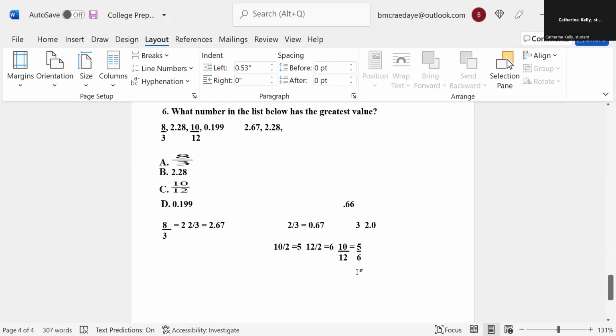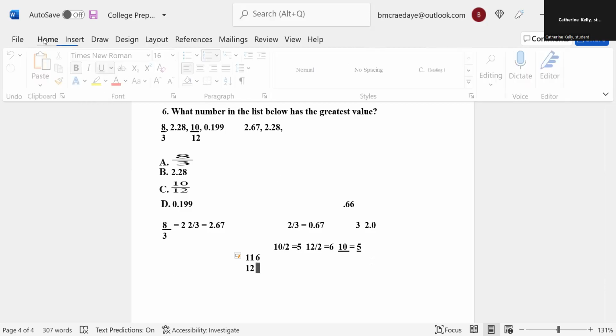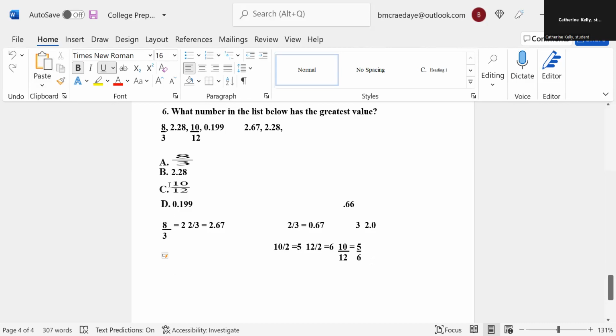5 divided by 6. So this would be 6. Let's see if I can do it like this. Okay, so I have a 6 right here.